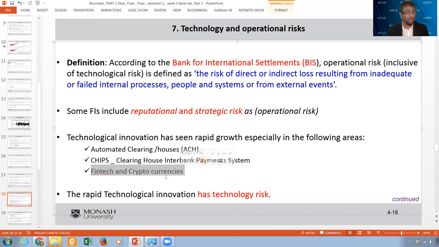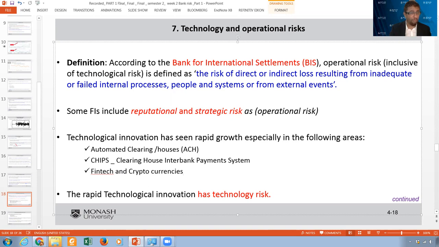All of those are technological challenges that are facing banks. I don't want to talk about technologies, but we have to understand that banks are trying to deal with all those issues, but FinTech companies, startups and blockchain technologies are actually one of the technological risks that banks face.